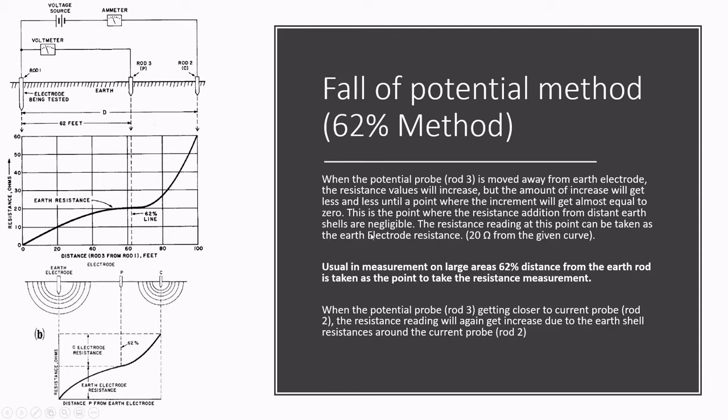Remember, we talked about this in earlier slides. So when we reach this point, we take that point as the earth electrode resistance of the connected earth rod, and usually the 62% distance from the earth rod is taken as the point to take this measurement.